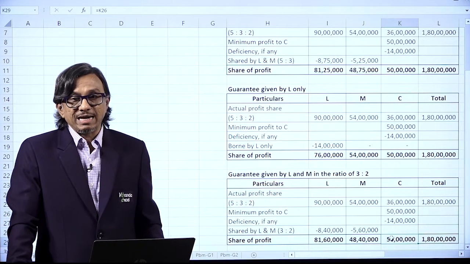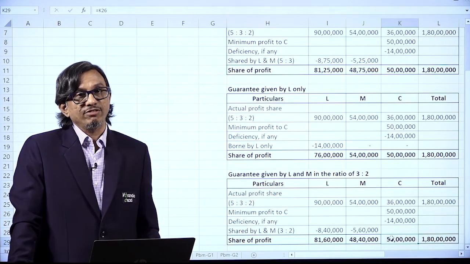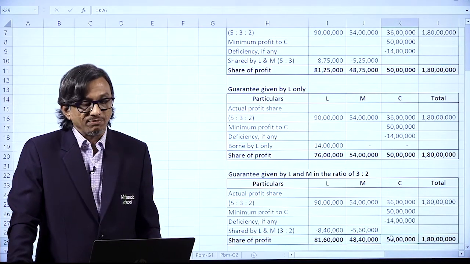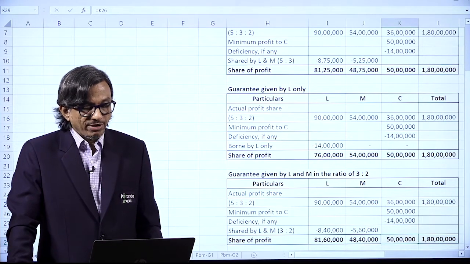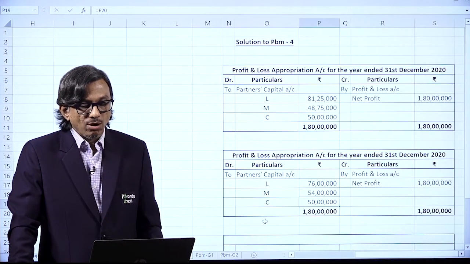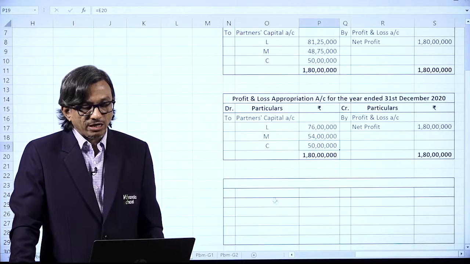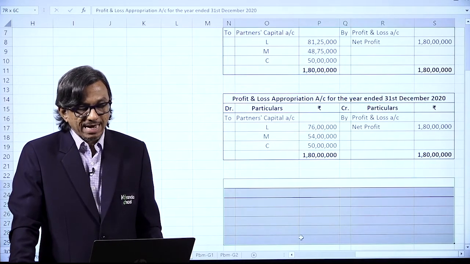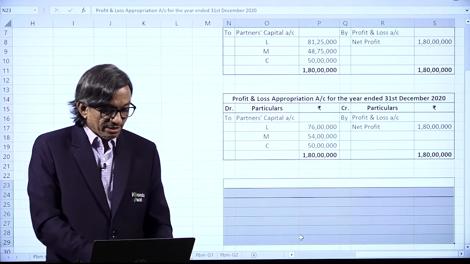So, whenever a guarantee of minimum profit is given, we shall do the answer in this manner. And of course, we have to finally show how to prepare the P&L appropriation account in this situation, as we did in the earlier situation also.